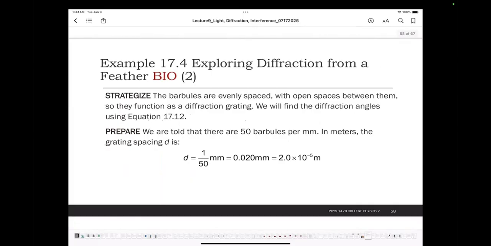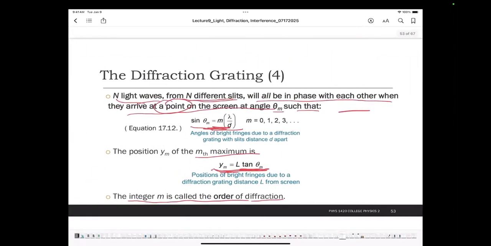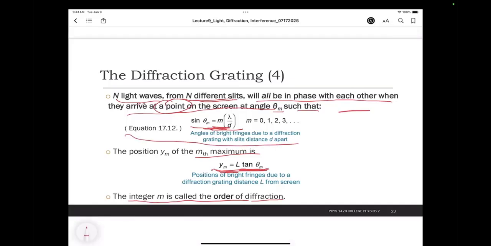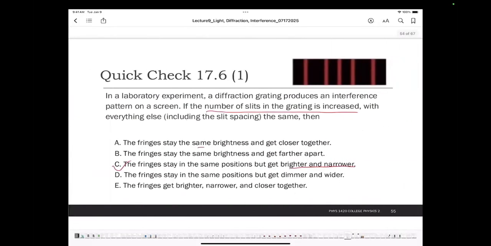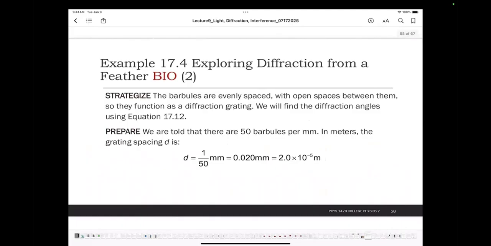So they function as a diffraction grating, and we will find the diffraction angles using equation 17.12. This one is just the equation 17.12. We will use this equation. Let me write this one down here.